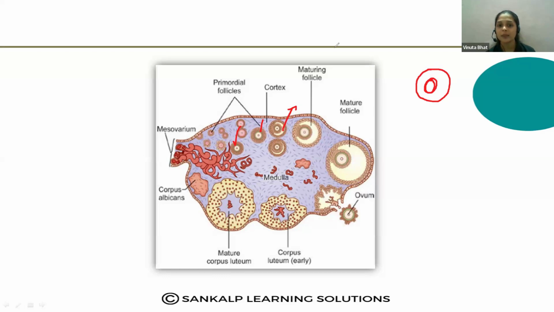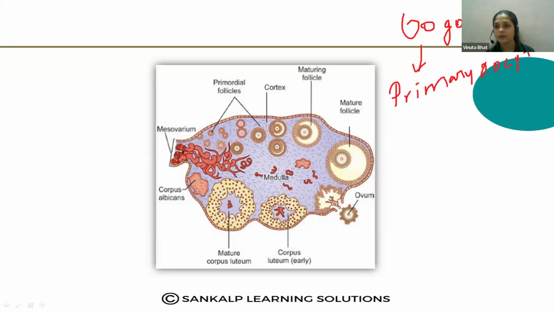Okay, understood this much? First, oogonial cells are there. These oogonial cells develop into the primary oocyte. Around the primary oocyte, follicles are developing.